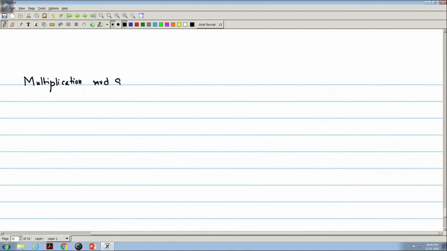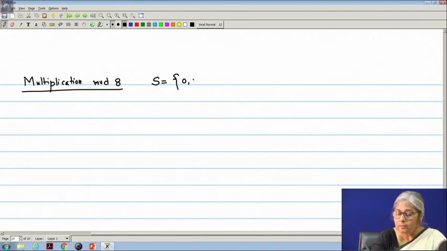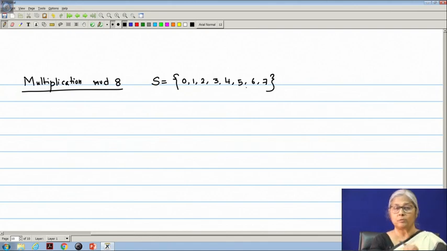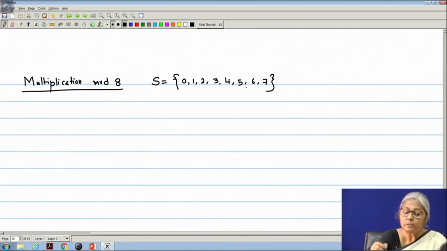The same thing: since it is modulo 8, my S is 0, 1, 2, 3, up to 7. When I am considering modular arithmetic, we see how this multiplication operation operates on this set.